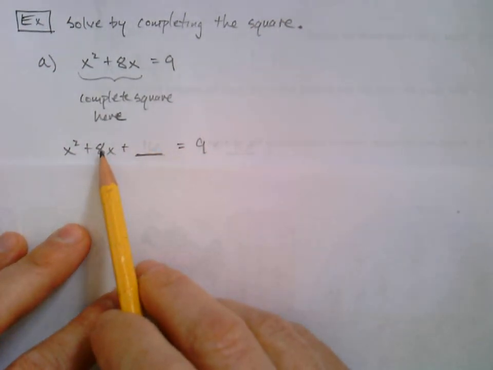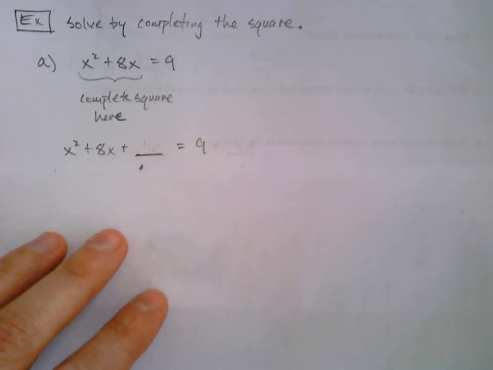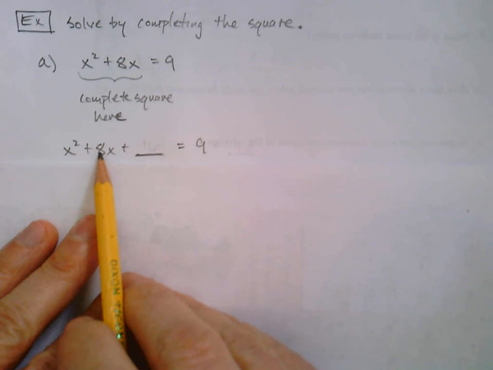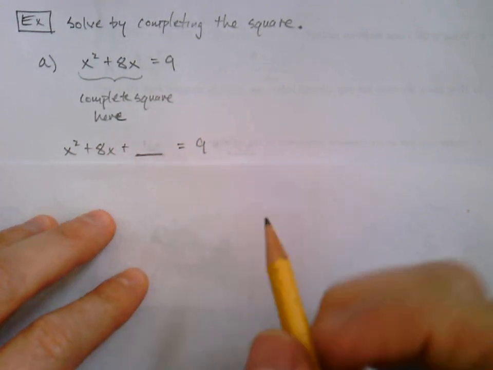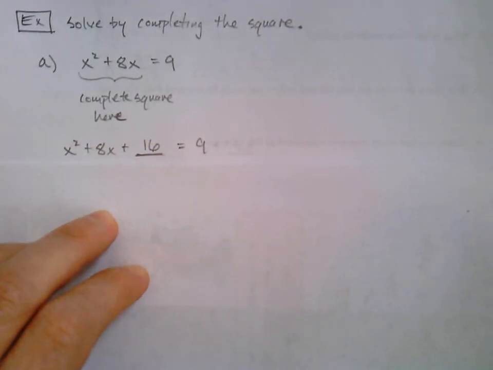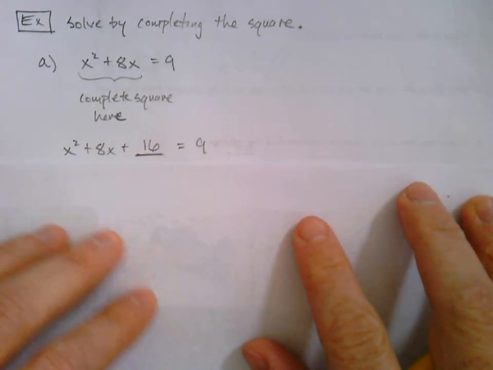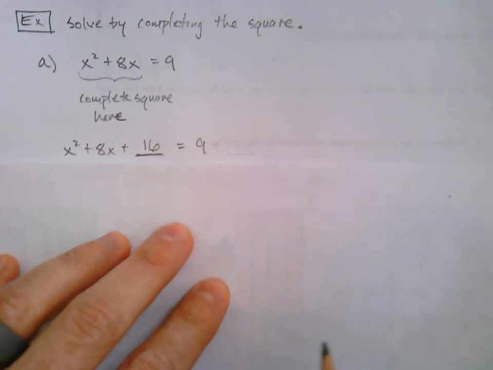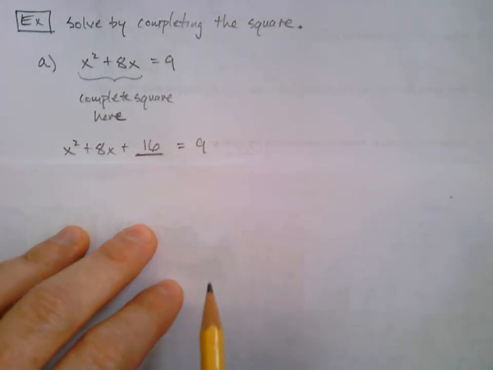The pattern is take that number, divide it in half and square it. Well, 8 divided by 2 is 4. 4 squared, 16. And there we go. We've completed the square on the left side.